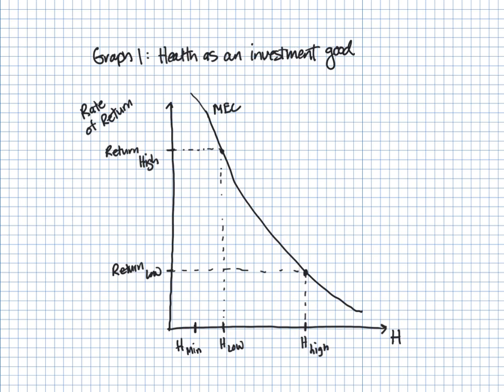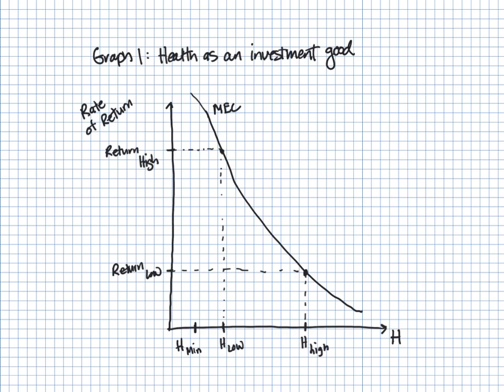All right, so now the question becomes, what level of H are we going to choose? In econ, you're going to notice that we make choices by comparing costs and benefits. In particular, we're going to compare marginal costs and marginal benefits. The way to optimize is to choose the point at which marginal costs are just equal to marginal benefits.